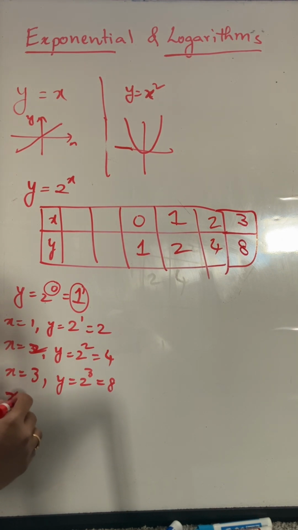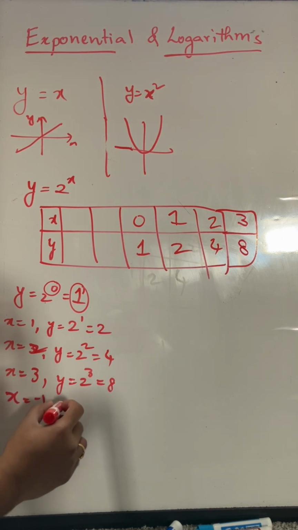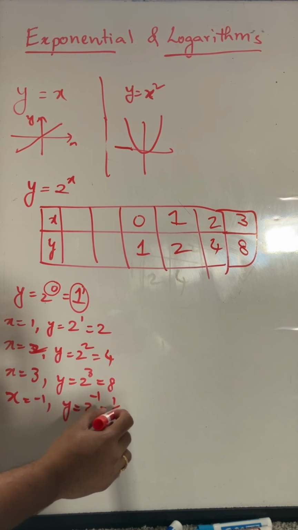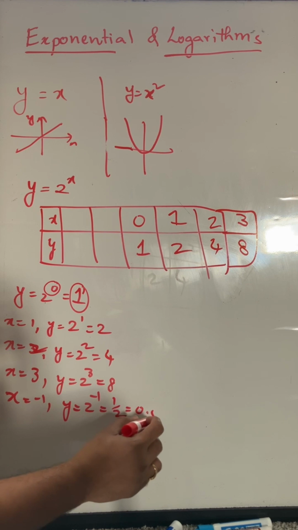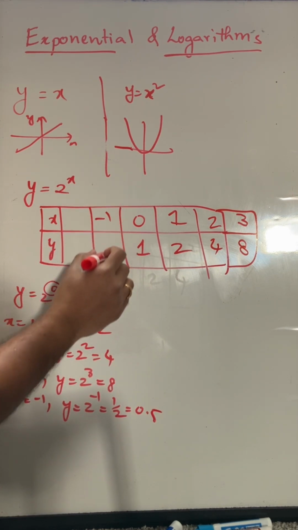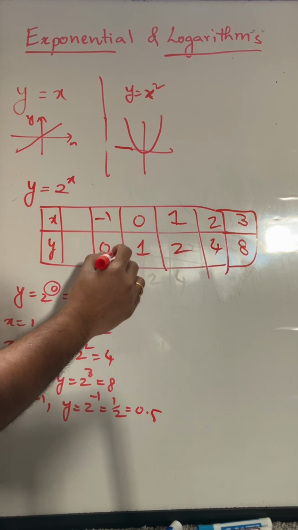We'll take the negative values also. When x equal to -1, y equal to 2 power -1, we can also write it as half, 0.5. So x equal to -1 and y is 0.5.